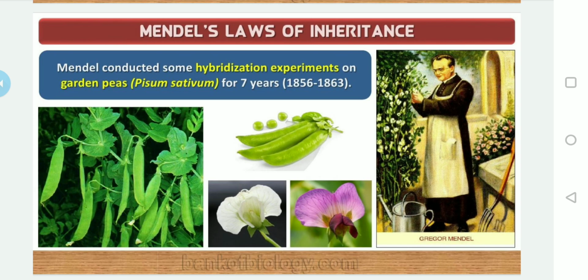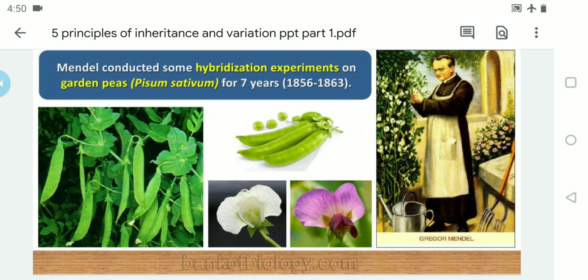So let me tell you briefly about Gregor John Mendel. Actually, Gregor John Mendel was born in 1822 in a small town called Moravia, which is presently in Czechoslovakia.